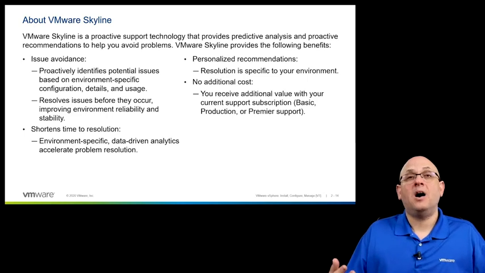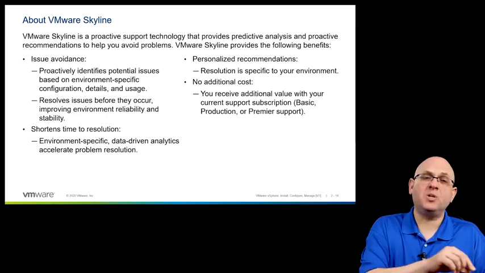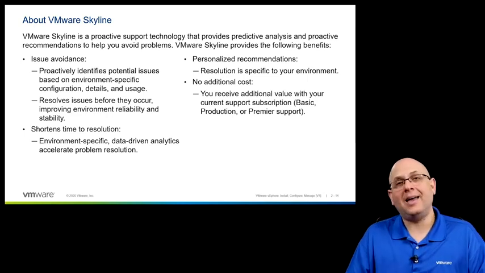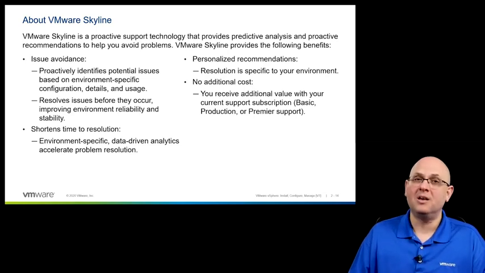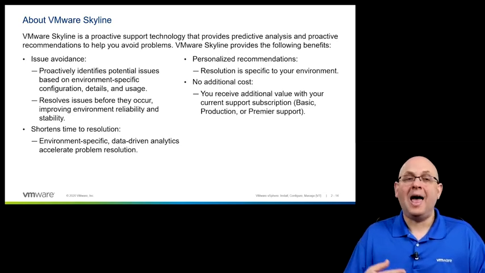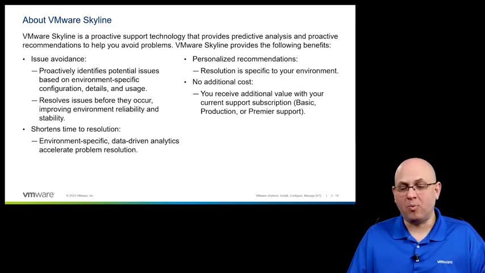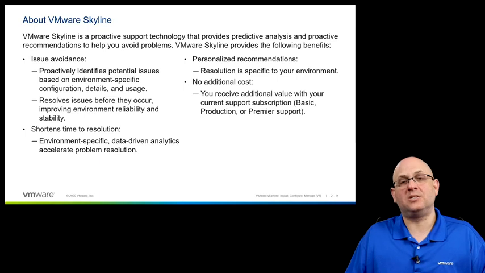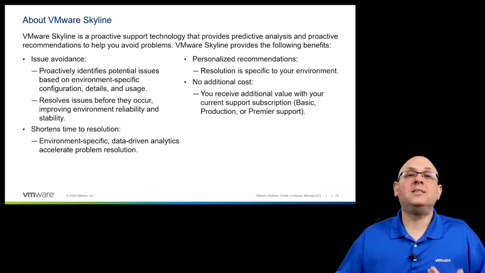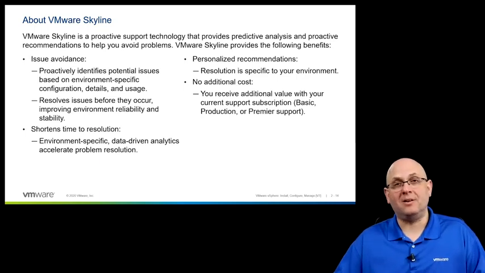And certainly allowing us to shorten the time to resolution because Skyline gives us links to KB articles, allows us to create help requests and support requests from VMware, gives us personalized recommendations about what we need to do to best support our physical environment.